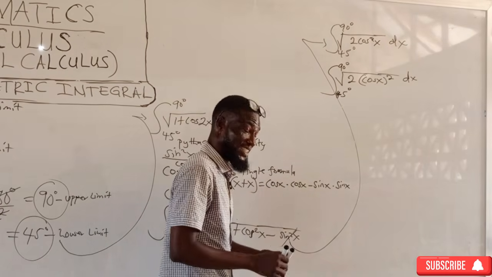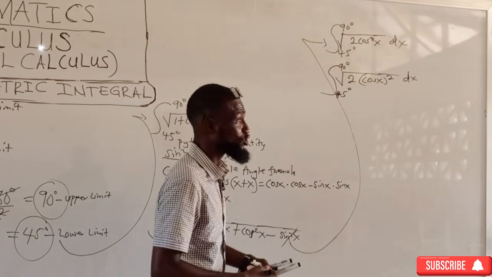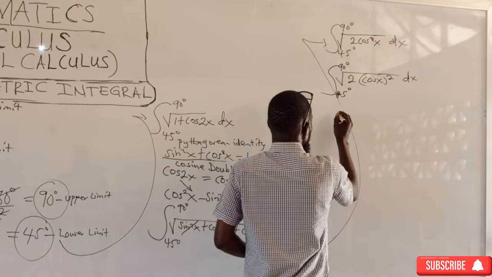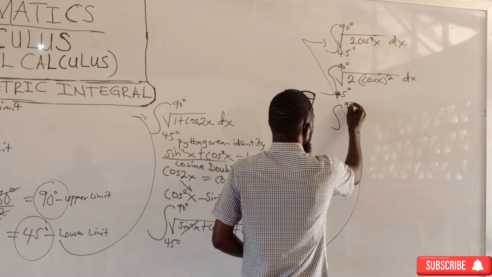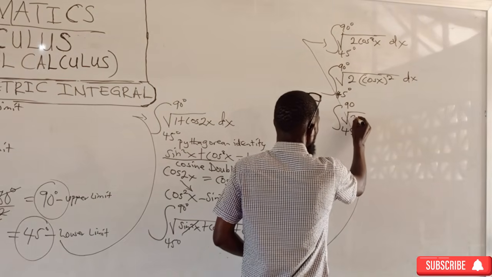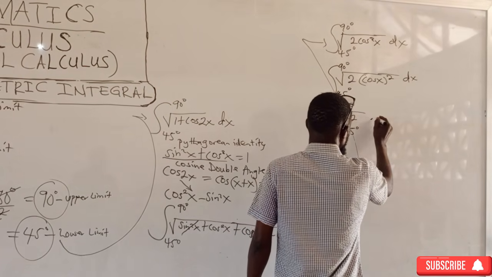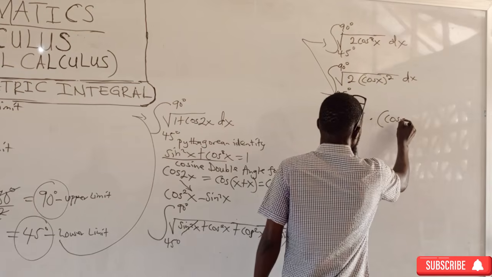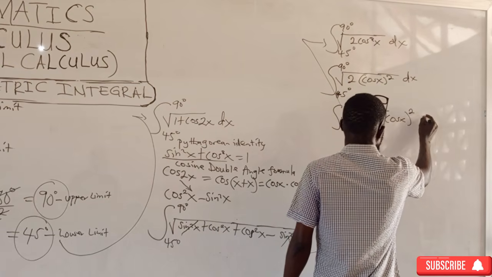On this note, ladies and gentlemen, we split them into 2. See, the integral from 90 degrees to 45 degrees is square root of 2 times parentheses open cos x all raised to the power 2 dx.